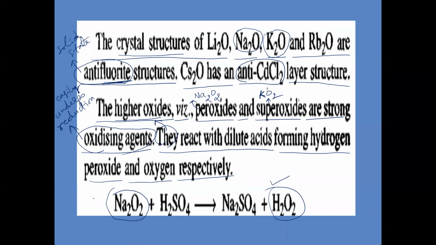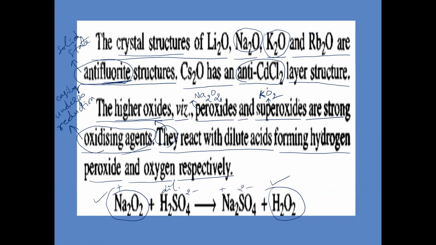Take the reaction of Na2O2 with dilute H2SO4. Sodium peroxide interacts with dilute H2SO4 to give Na2SO4. Here Na+ ions combine with SO4 2- ions to form Na2SO4, sodium sulfate.